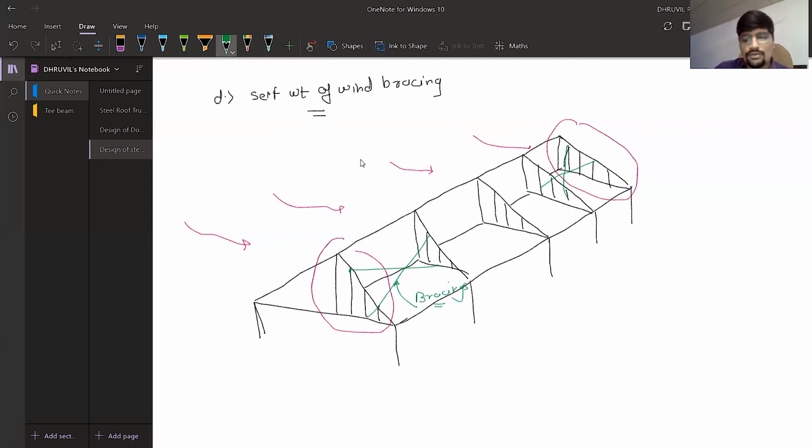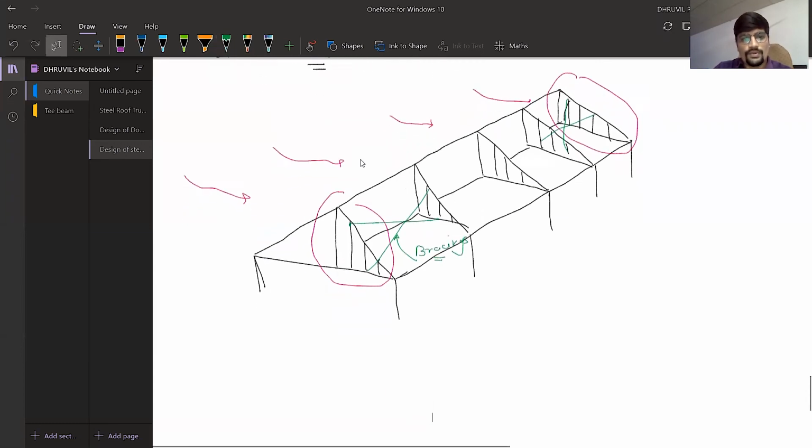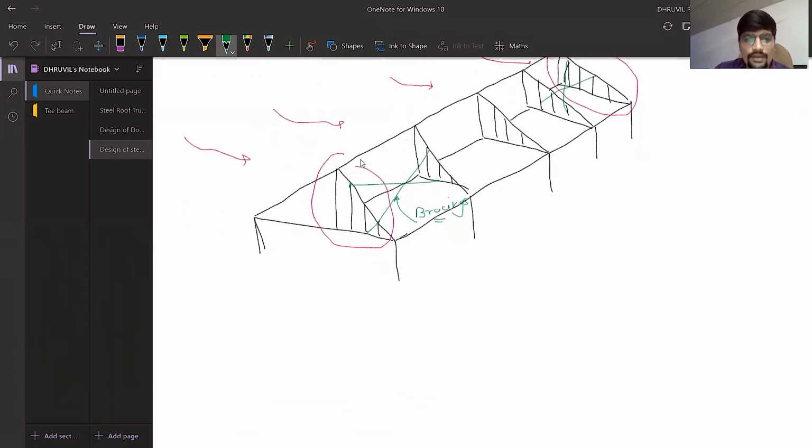So for that also we need to assume the load. So the assumed load of wind bracing is 12 Newton per meter square to 13 Newton per meter square.